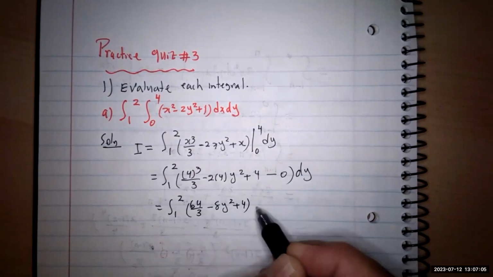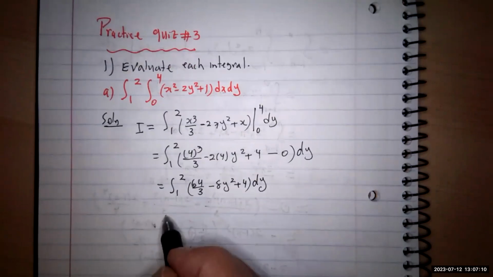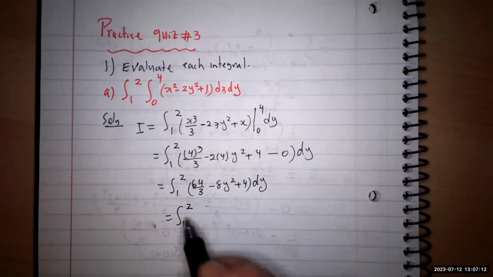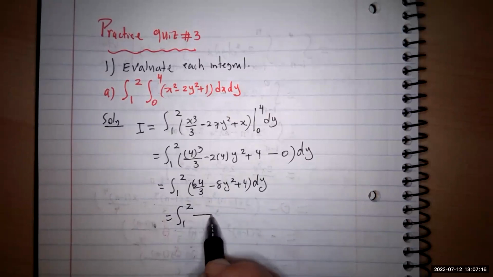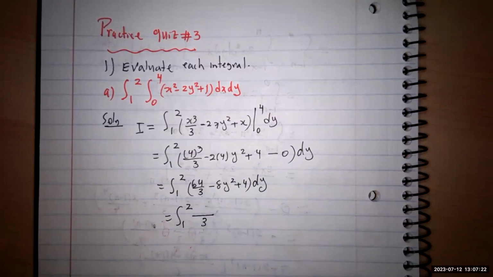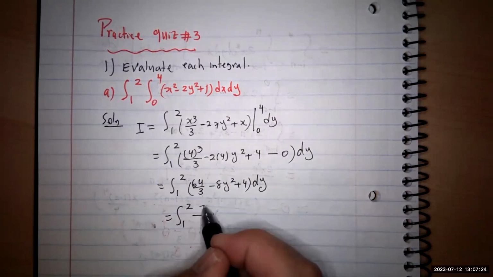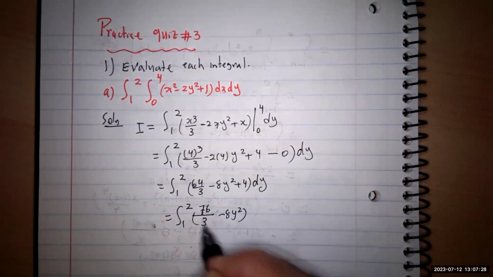Integrating with respect to y, you can simplify those two numbers. So 64 over 3 plus 4, and the common denominator would be 3, so it's going to be 12 plus 64, which is 76, minus 8y squared, dy.